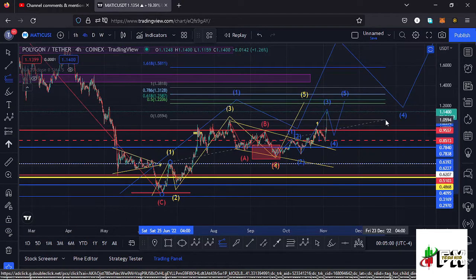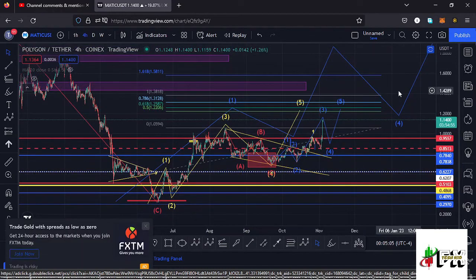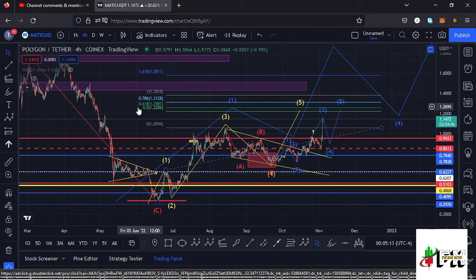That gives me a minimum target area at the fib level 0.618, and that is at around the $1.25 mark. That is the minimum that I will expect that higher Elliott wave count 1 to the upper side to do.